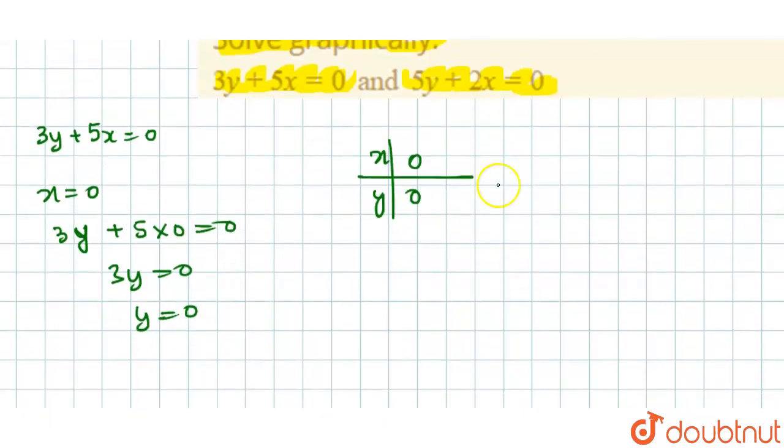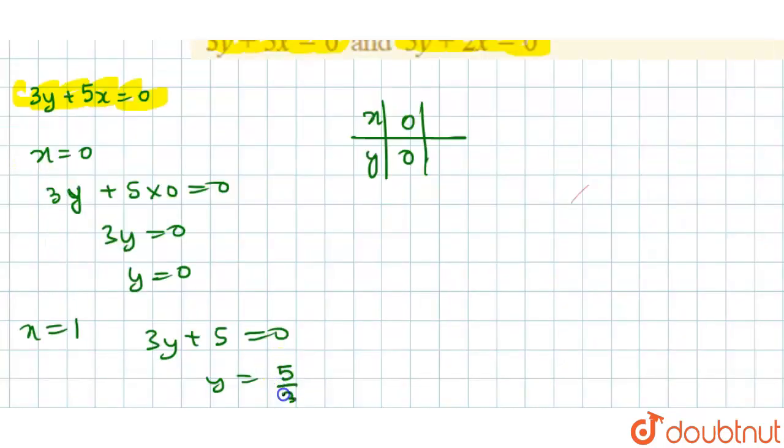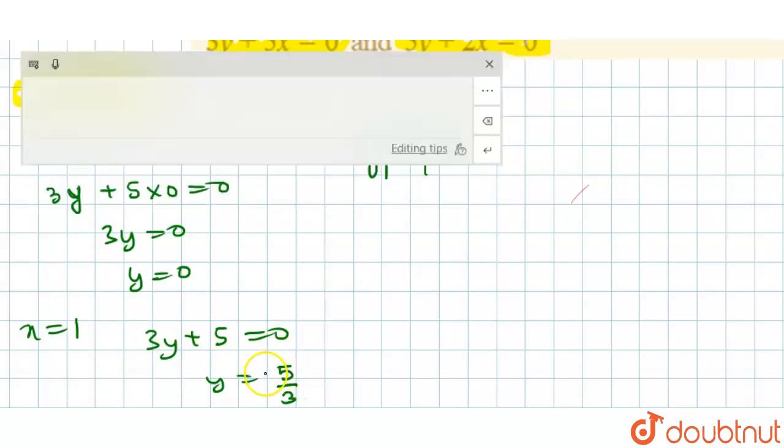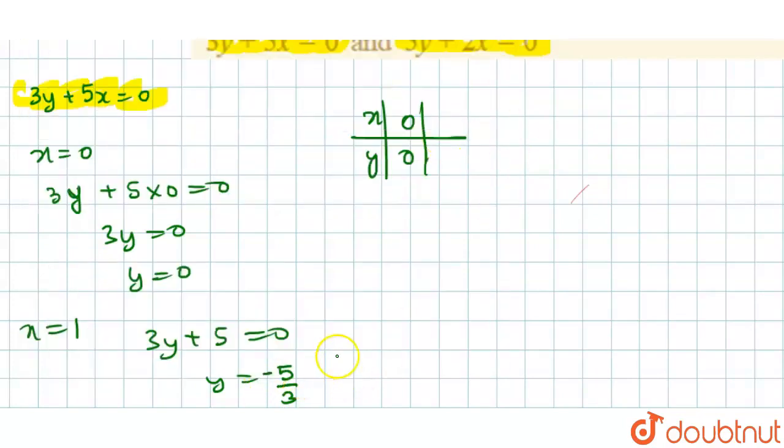If we put x is equal to 1, then we will get 3y plus 5 is equal to 0 and y will become 5 upon 3, and this will be negative on that side. So we will have approximately minus 1.66. So for x is equal to 1, we will have minus 1.66 as the value of y.